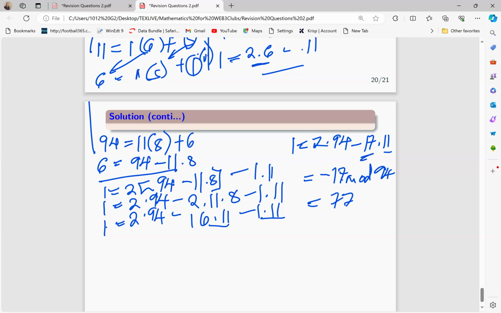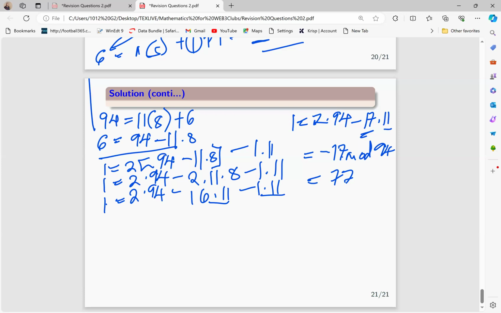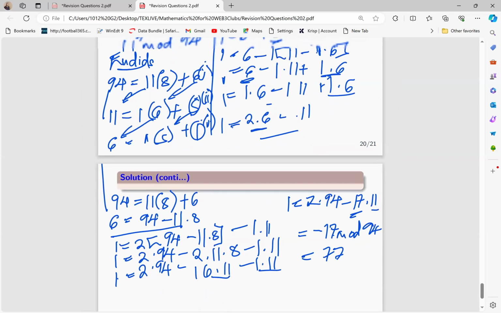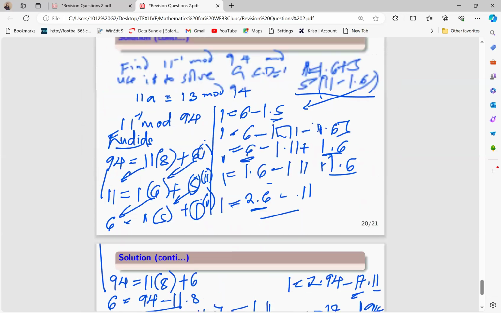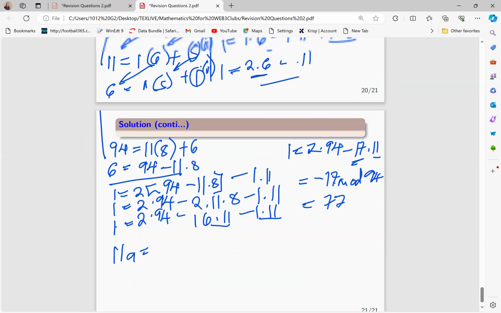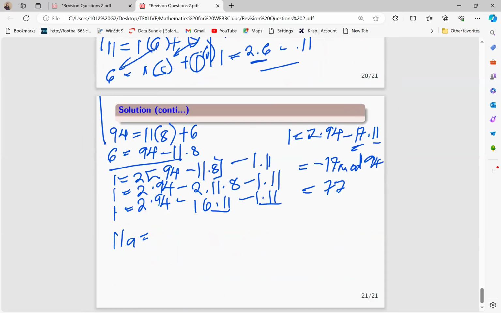Inverse of what? Mod 94. What is the inverse? So 11a is equal to 13 mod 94.